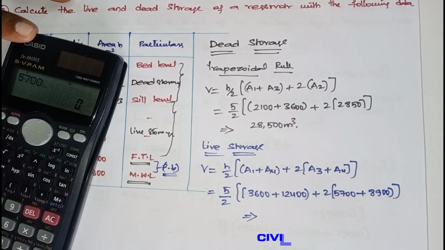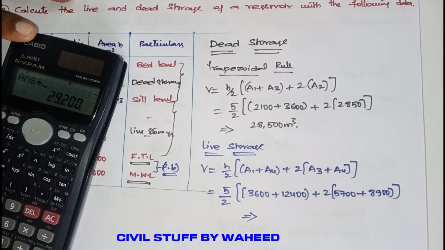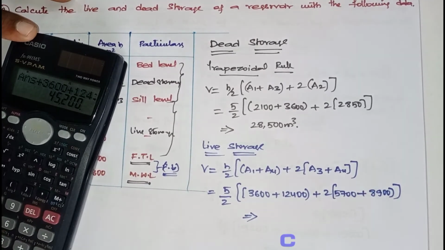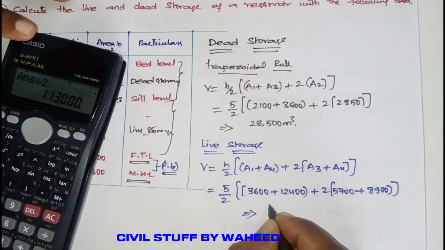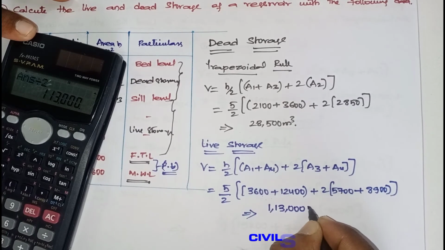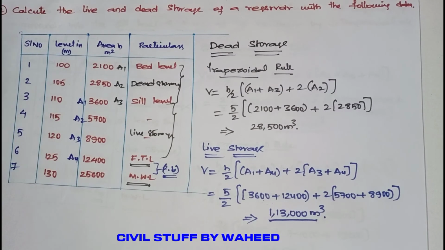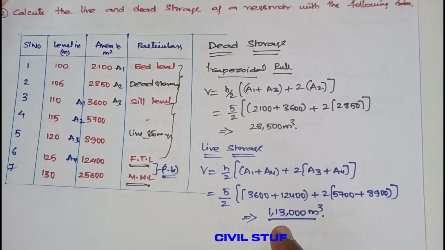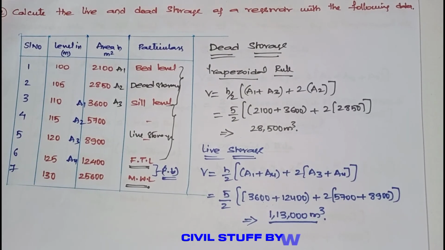That is 5700 plus 8900 into 2 plus 3600 plus 12,400 into 5 divided by 2, which is 1,13,000 cubic meters. This is the total capacity of live storage, meaning this much quantity of water can be drawn out to the downstream side or through any canals.